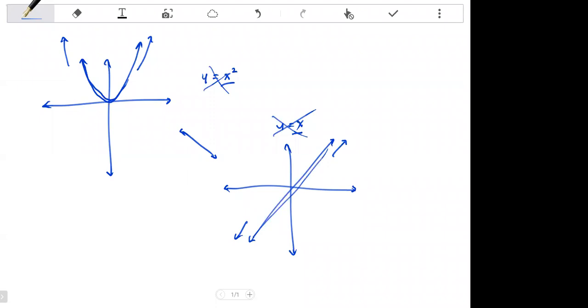You see, the zero for this equation is 0, x equals 0. It crosses one point in the middle, and the zero for this equation is the same, x equals 0. But there are actually 2 zeros in this equation because the exponent is 2.